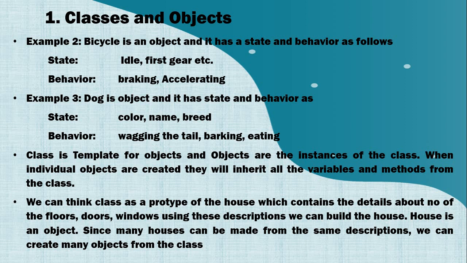So we can say that a class is a template for objects and objects are instances of the class. When individual objects are created, they inherit all the variables and methods from the class. We can think of a class as a prototype of a house. It will contain details about the number of floors, doors and windows.